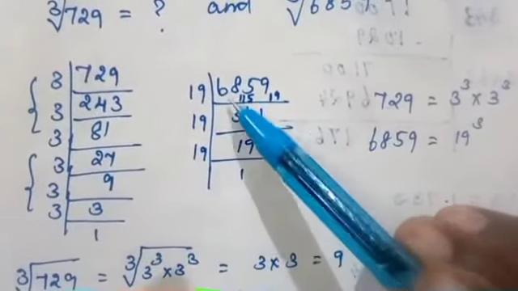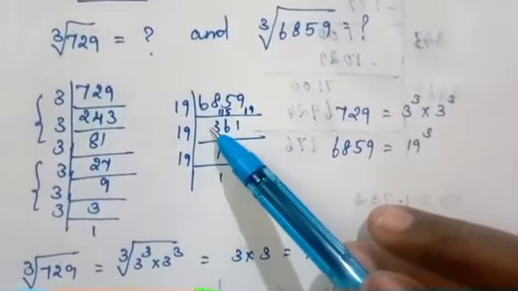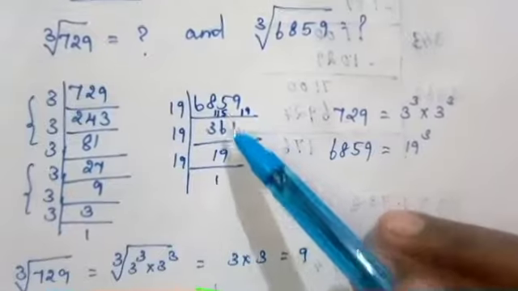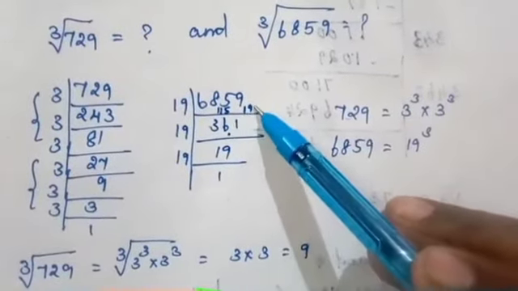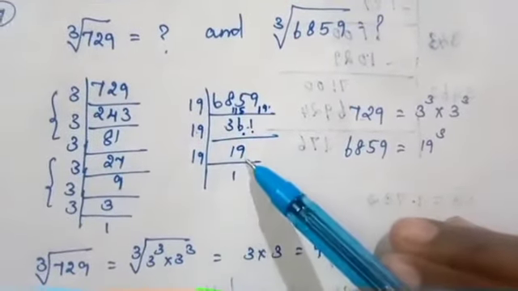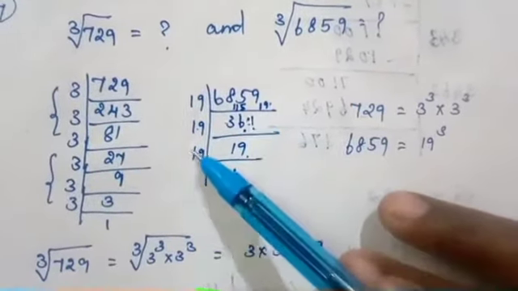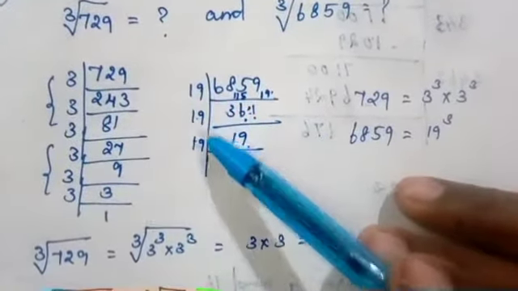It goes 3 times, balance 11, that is 115. It goes 6 times, then balance 1, it is 19, so 1 time. So 19 into 19 is 361. Then again divided by 19, it is 1. So the factors are 19 into 19 into 19.